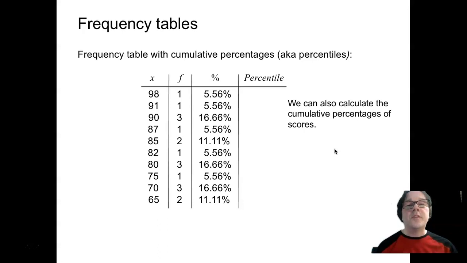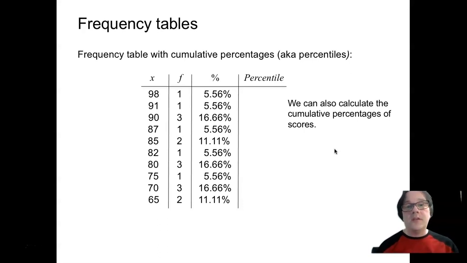Well, if you think of percentiles as cumulative percentages, then you can think of your percentile as representing what percent of people or what percent of scores were at or below my score.